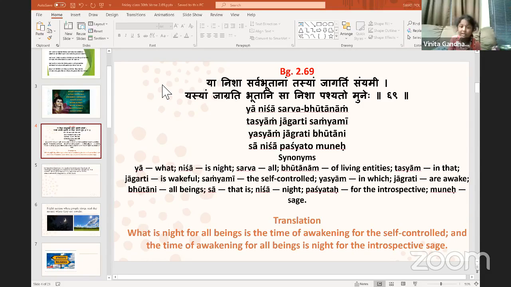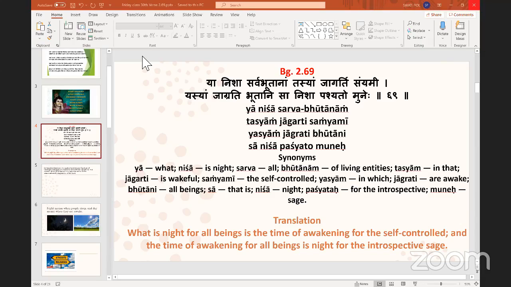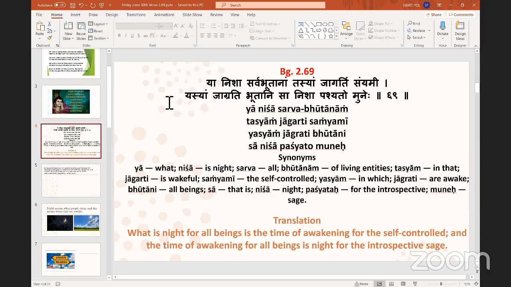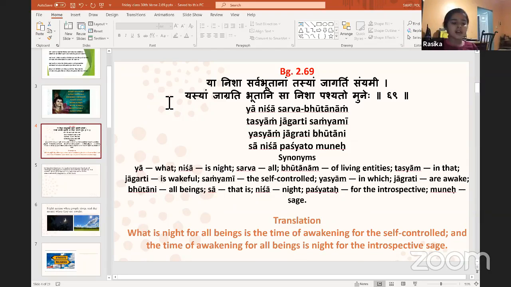Balavrinda is there. Balavrinda, Rasika, and Karthik, can you say it together? यानिशा सर्वभूतानां तस्यां जागृति संयमी यस्यां जागृति भूतानि सा निशा पश्यतो मुनेः.